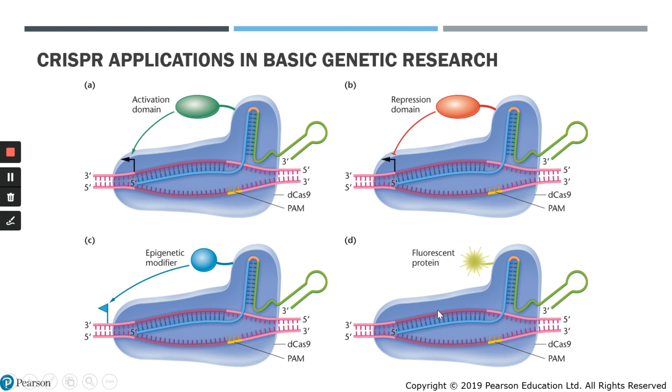It will then bind to the region of the genome that we would like to target, bringing these domains in close proximity to the target DNA fragment, and thus inducing these epigenetic changes or marks to a very specific locus in the genome. And so dCas9, as well as the CRISPR-Cas system, has now been modified to be used as a very useful tool in basic genetic research as well as targeted genome editing.